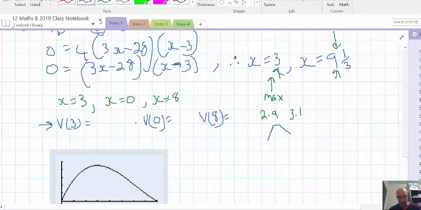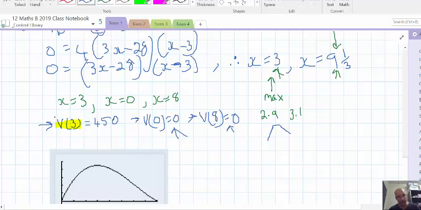To save time, you need to calculate v of 3 in the original function, not the derivative, in the original function, v of 0 and v of 8, and you'll find that v of 3 comes up with the highest value for the volume. Now, you do need to check the endpoints as well.